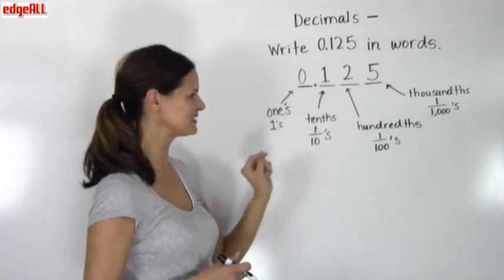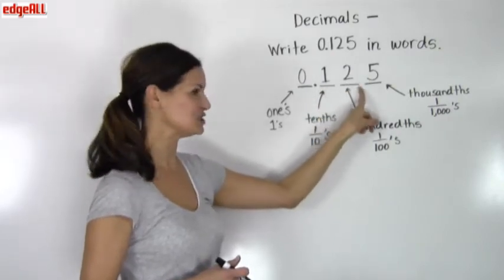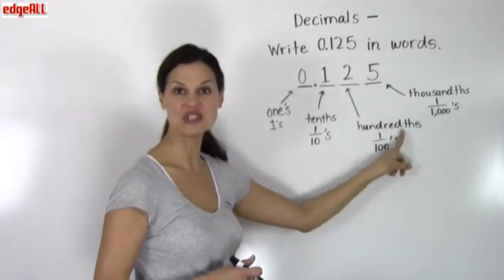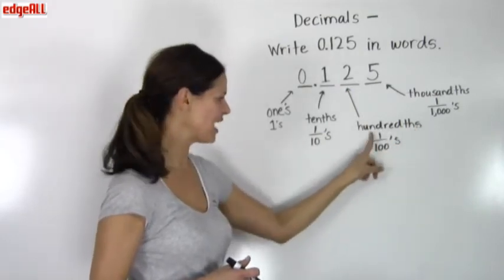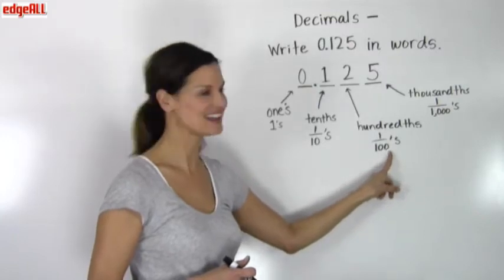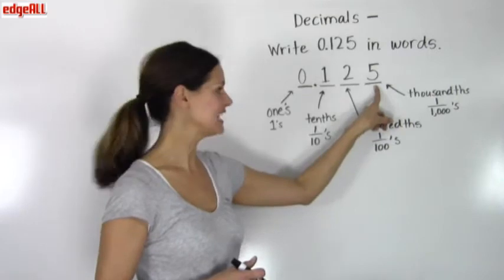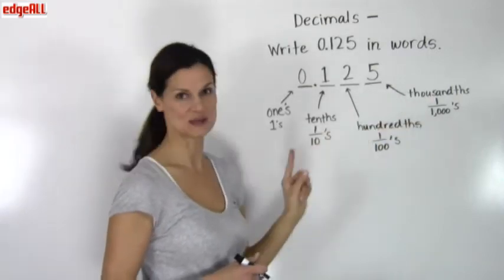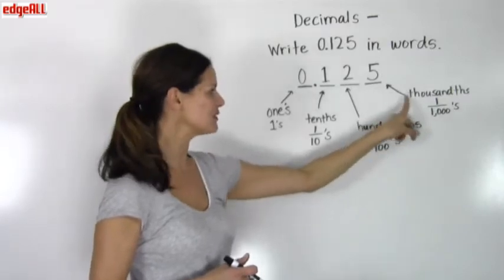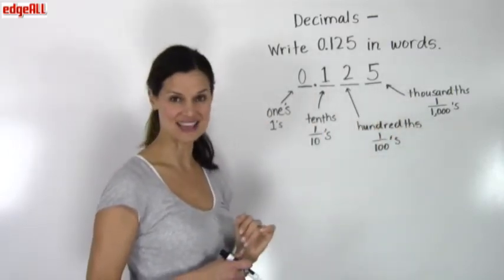The 2 is our second digit to the right of the decimal, and that is in the hundredths place, 1 over 100. Our third digit, the 5, is in the thousandths place, or 1 over 1,000, as we move to the right of the decimal point.